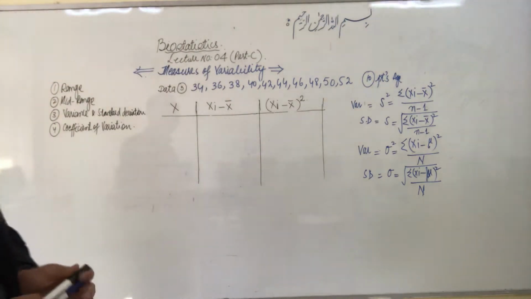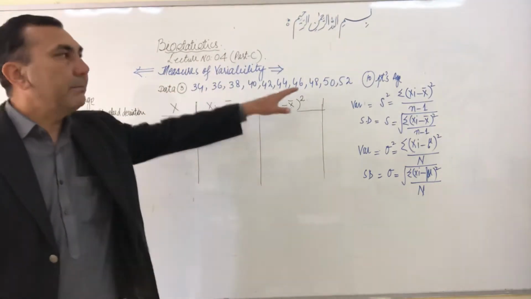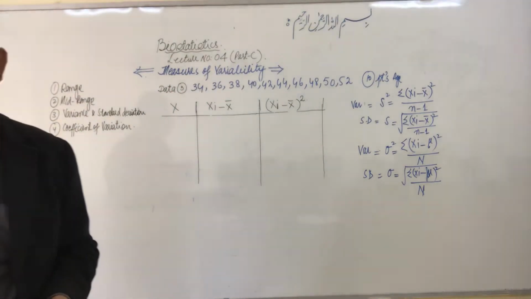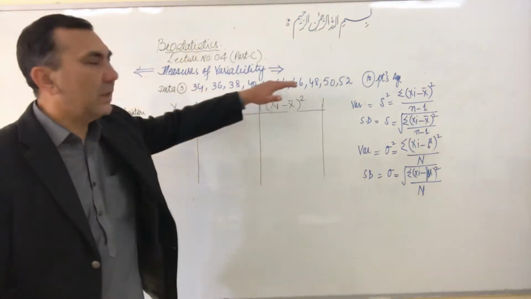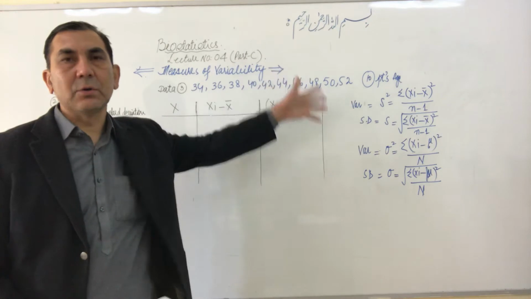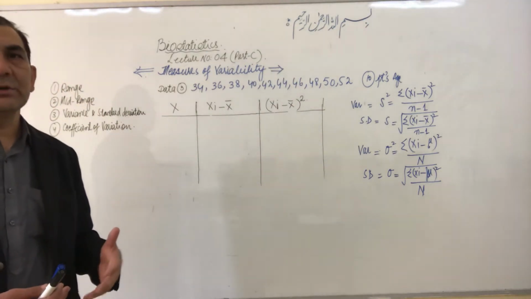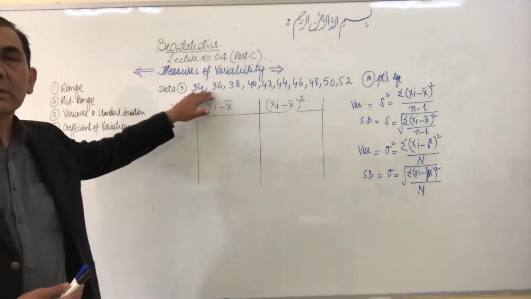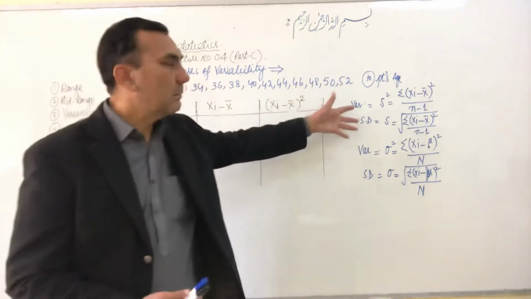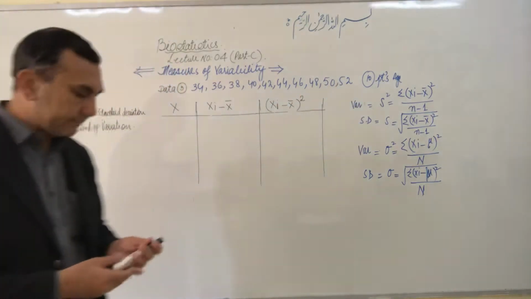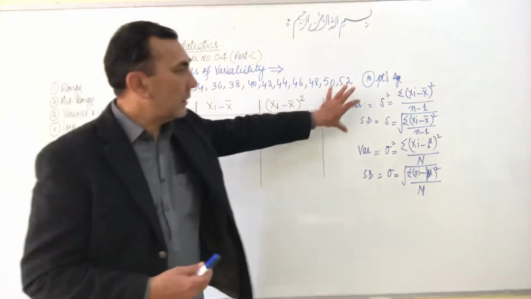Now we have the data set over here: the age of 10 patients who visited a certain clinic. So the data of the age of the 10 patients is written over here. Now we will measure the variance and the standard deviation of this data by using this formula.